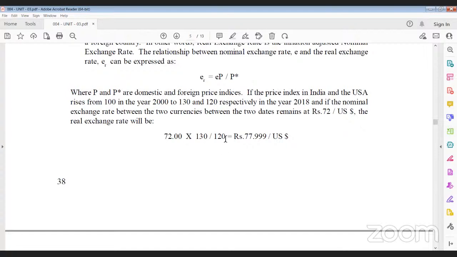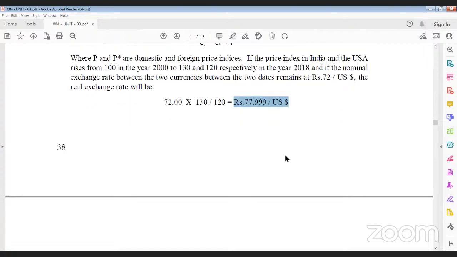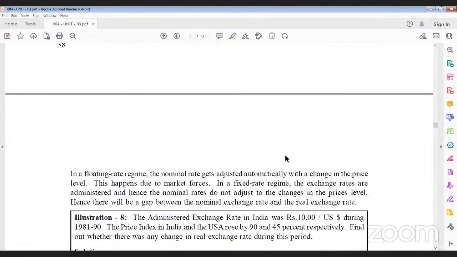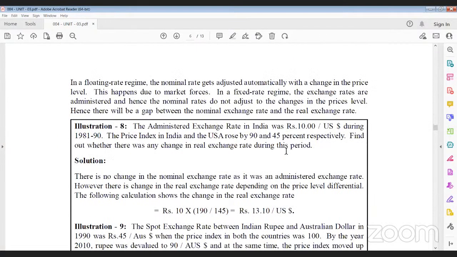This is equal to rupees 77.999 US dollars. So the exchange rate, domestic rate of 1 rupee against the other currency, is calculated.